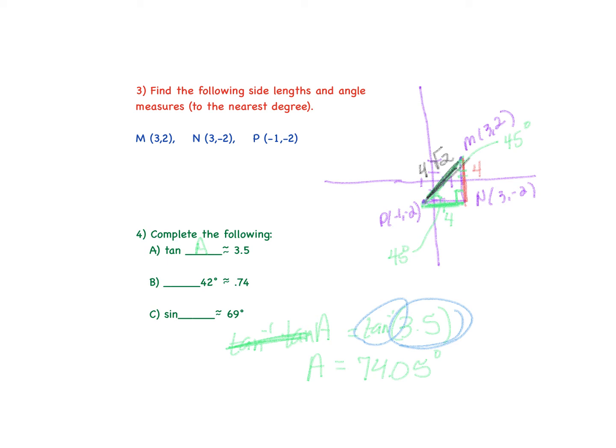So I want you to try that. Then for the B problem, we're looking for the blank of 42 equals 0.74. Well, it's got to be either sine, cosine, or tangent. This one's just trial and error. Put it into your calculator and see which one works. Cosine 42. Oh, that's the one that works. So in this case, it was cosine.